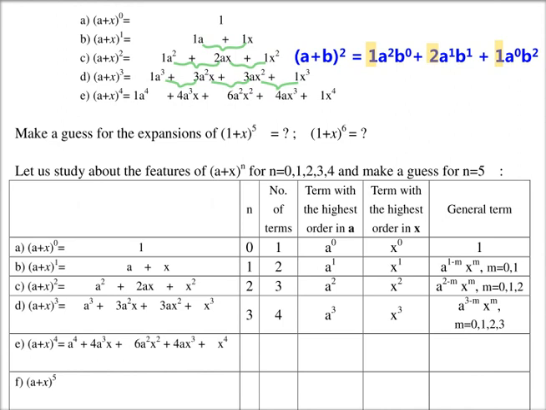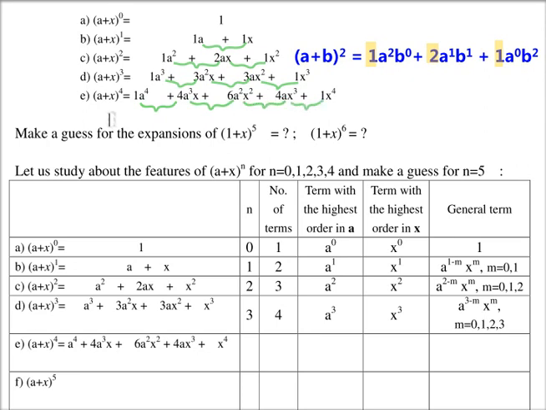If they ask you for the expansion to the power 5, it's also easy. We have the coefficients like that. We sum these two together, these two together, and so on.